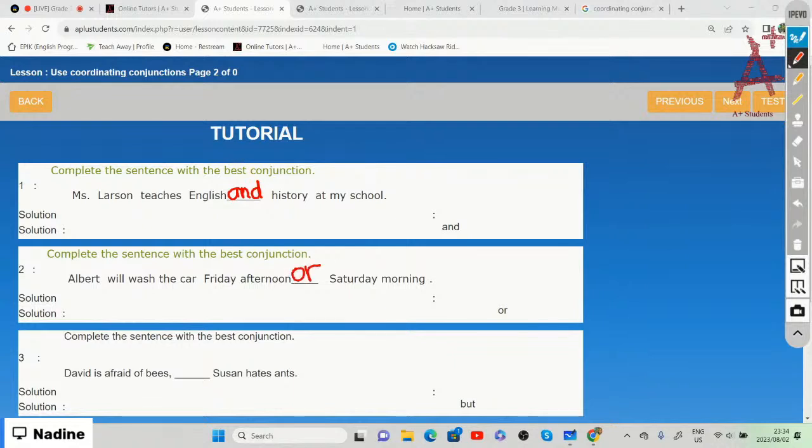So he can choose. He can either wash it on Friday afternoon or on Saturday morning. So or. David is afraid of bees, but Susan hates ants. So these are our best conjunctions that we chose to complete our sentences, which are and, or, and but.